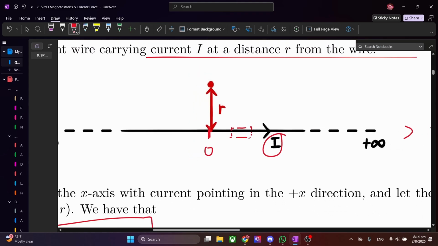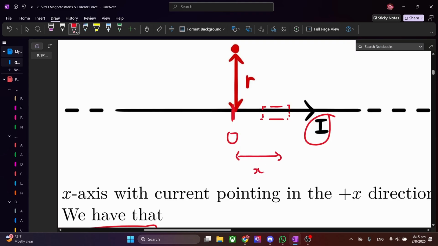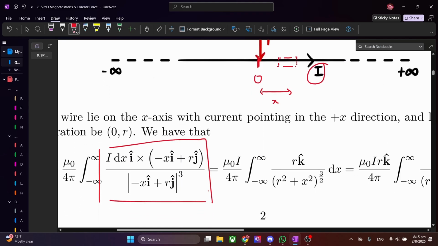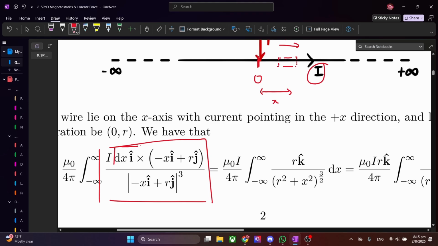Let's say we take this infinitesimal segment of wire here, and this is of length x. So this small infinitesimal vector here is dx times your i hat. So that's this part here.